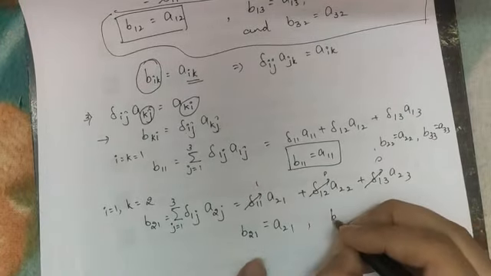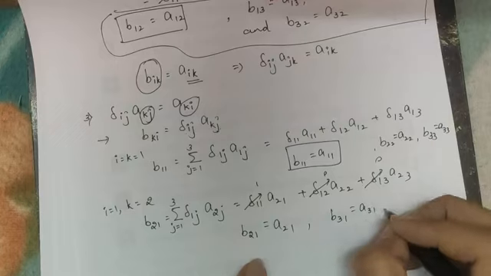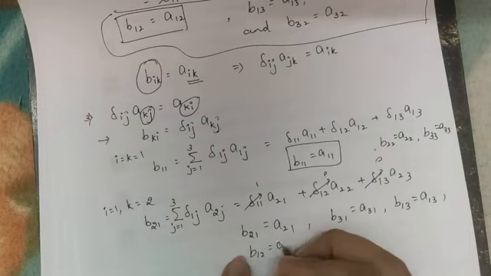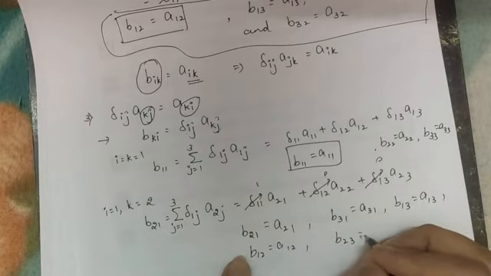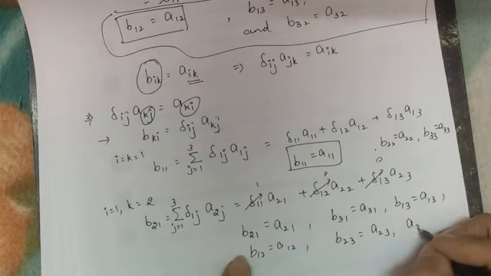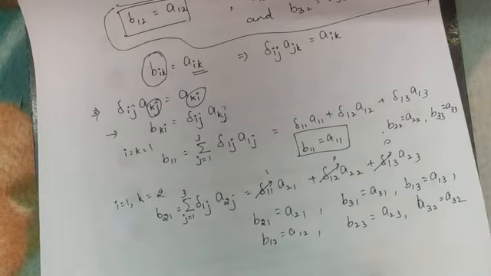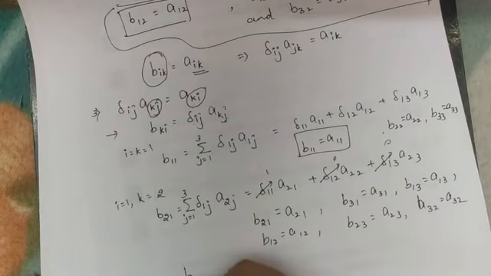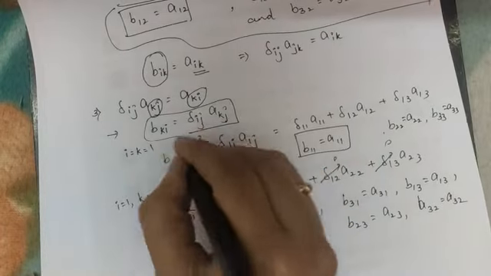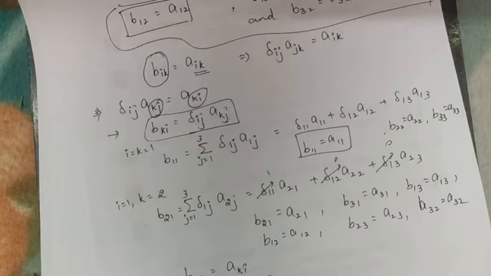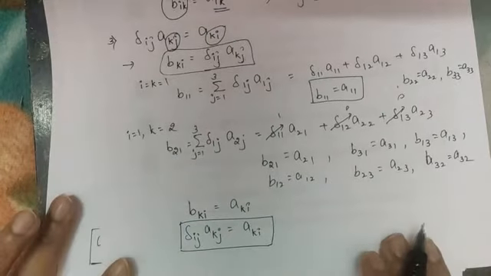So similarly we can write b31 is equal to a31, b13 is equal to a13, b12 is equal to a12, b23 is equal to a23 and b32 is equal to a32. Generalizing all this, we can write bki is equal to aki and bki is nothing but delta ij akj. This is equal to aki. This is nothing but your third property.